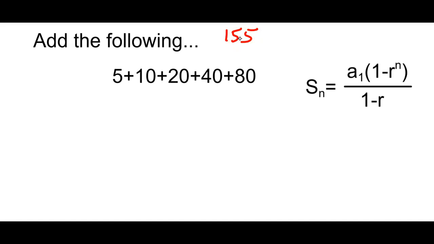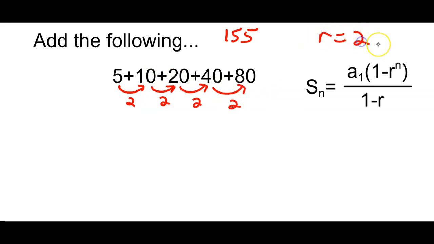So when we're talking about geometric series here, the first thing we want to do is make sure it's geometric, find the common ratio. So 5 times 2 gives me 10. 10 times 2 gives me 20. And so that's our common ratio. R is equal to 2. And this I've already got set up for you. The sum of however many numbers you've got, in this case we have 1, 2, 3, 4, 5.